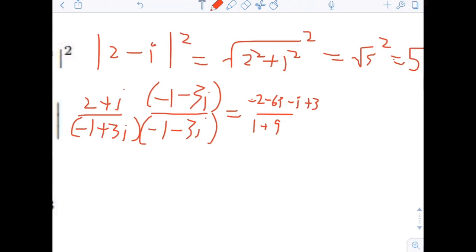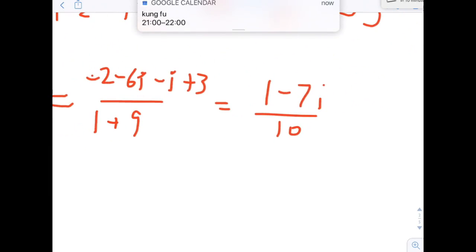So the top would be 3 minus 2, which is 1, negative 6I minus I, which is negative 7I, divided by 10. So that would be the same thing as 1/10 minus 7/10 I.